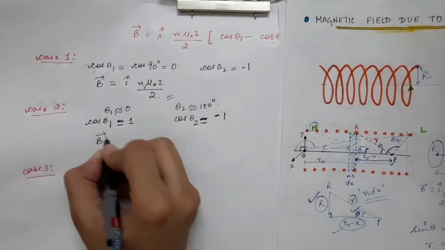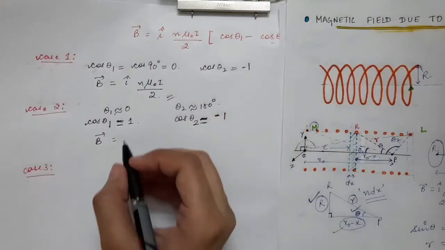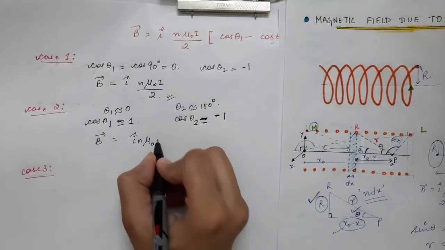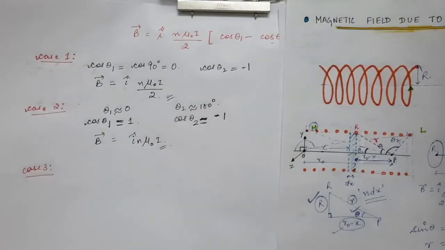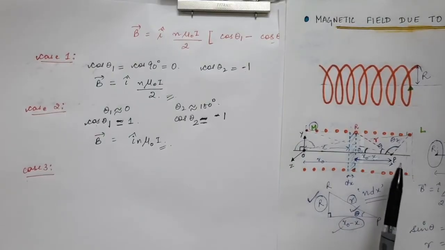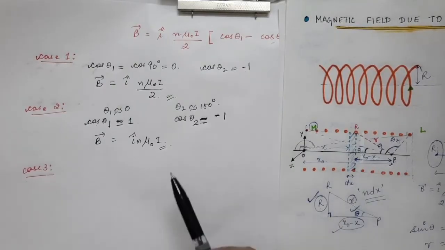So what will be the expression of magnetic field? When you solve it, you get B vector is equal to i cap n mu naught I. This is the expression of magnetic field when you have an infinitely long solenoid and point P is present inside the solenoid on its axis.